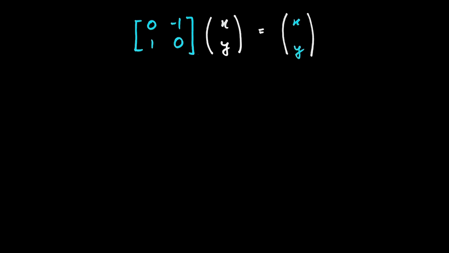So let's try to find the invariant system of this matrix (0, 1; -1, 0). The way to do this is writing down this matrix beside (x, y) equals (x, y). And then we multiply this and we get two equations, minus y equals x and x equals y. We get two inconsistent equations.